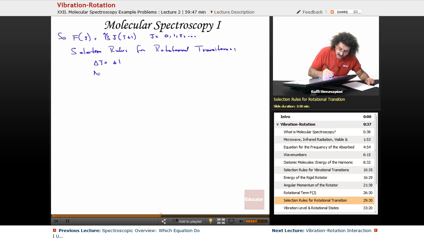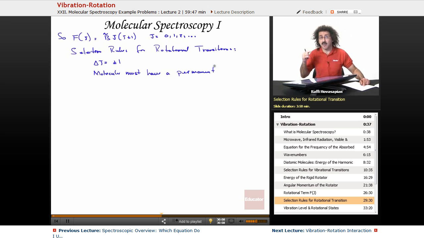And in this case, the molecule must have a permanent dipole. So in the case of a rotational transition, it has to have a permanent dipole. In the case of a vibrational transition, there has to be a change in the dipole moment during the vibration, during the transition, if the transition is to happen. It must have a permanent dipole. That's the difference between the two.